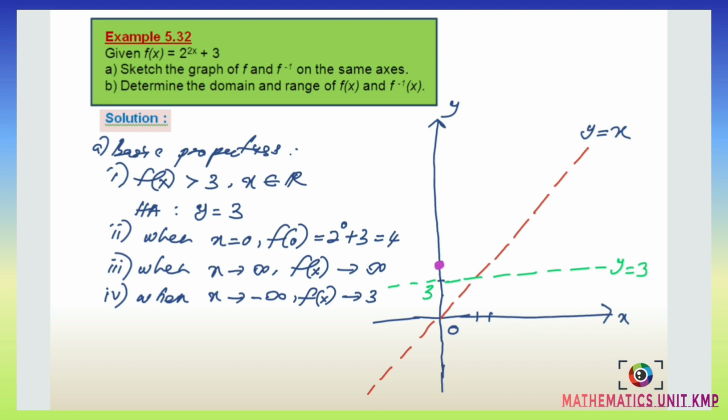When x approaches infinity, f(x) approaches infinity, to the right and increasing. When x approaches negative infinity, to the left, f(x) approaches the horizontal asymptote at 3. Label f(x).